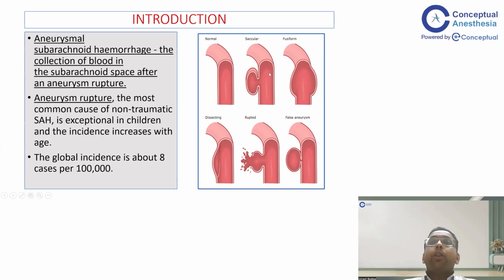So depending upon the type, shape, and size of aneurysm, the clinical presentation, the morphology, the neurosurgeons basically choose whether the patient can undergo coiling or clipping. And today's point of discussion is anesthesia considerations in a patient who has presented to us for aneurysm coiling.